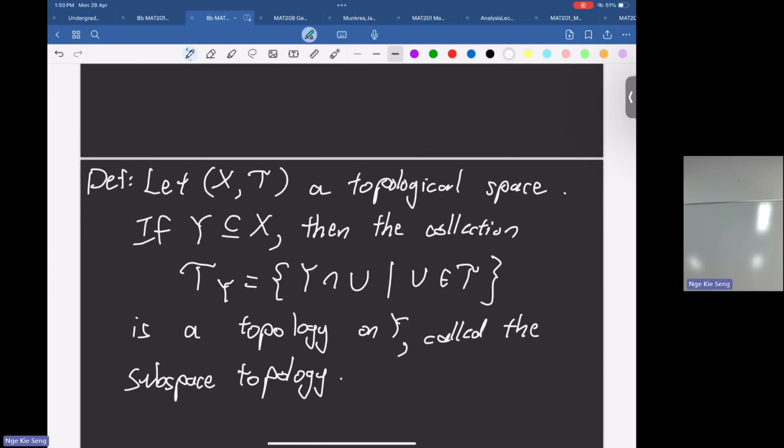These are just Y intersect the finite intersection of the Ui. But the finite intersection of the Ui is still open because it is in the topology, so it still looks like Y intersect some open set in T. Similar for the arbitrary union.